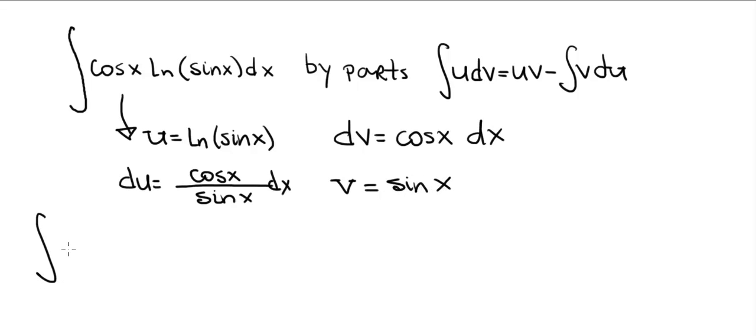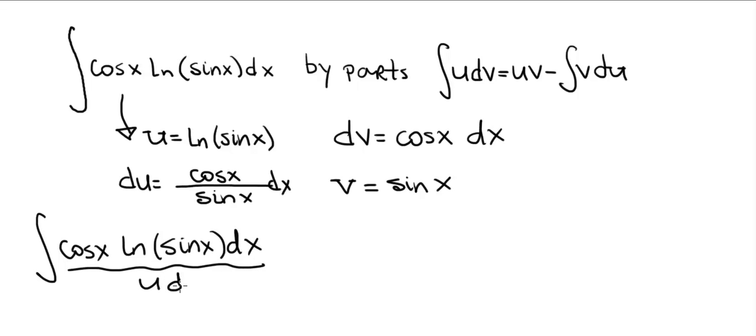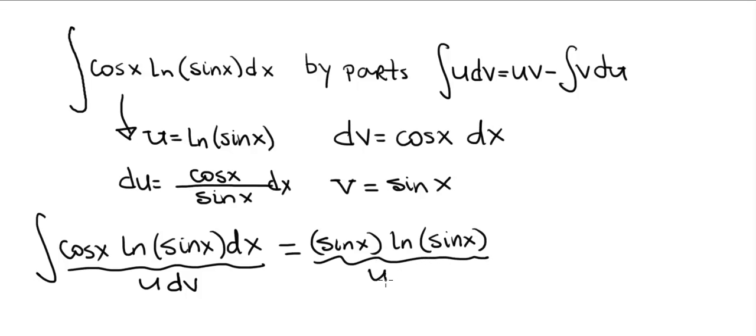Now, here is our integral, cosine x times the natural log of sine x. And so this is the integral of u dv. We set it equal to u times v, that would be sine x, times the natural log of sine x. So that's u times v minus the integral of v du.